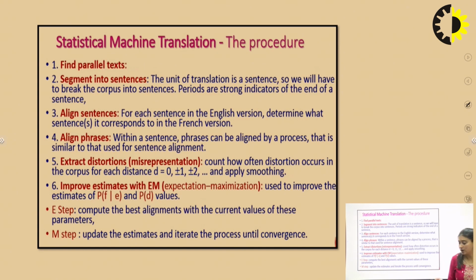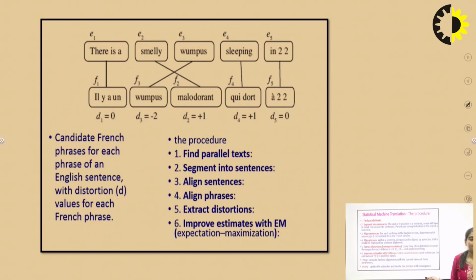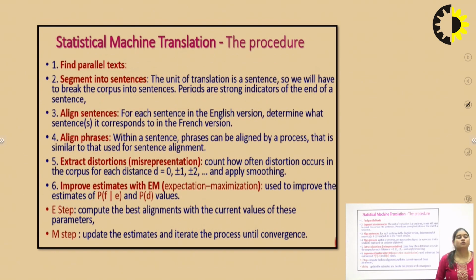As you have studied, P(Fi|Ei) is the phrasal probability that Fi is a translation of Ei, where Fi is a French phrase and Ei is the English phrase. The E step, the expectation step, is to compute the best alignment with the current values of these parameters. The second is the M step, where we update the estimates and iterate the process until convergence.